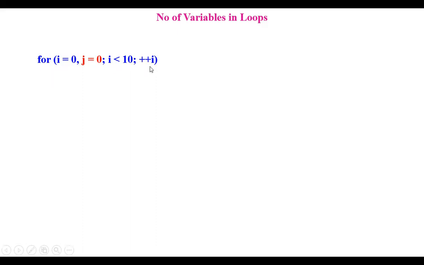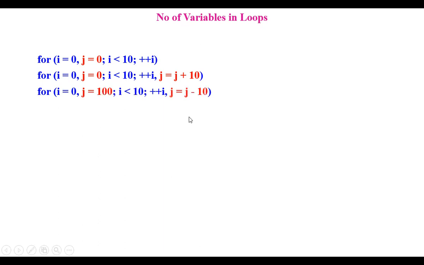And incrementing here. Both are initialized here, and the condition and incrementing of both variables can be done: i incrementing by 1 and j incrementing by 10. Both the variables can be modified.